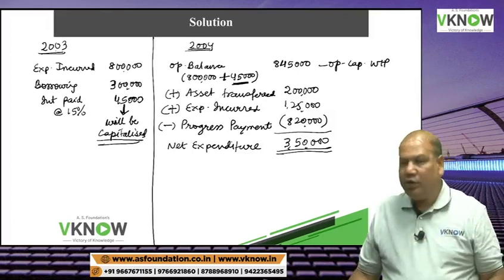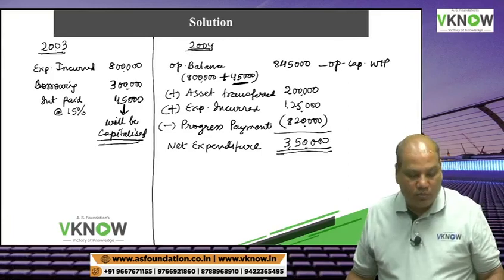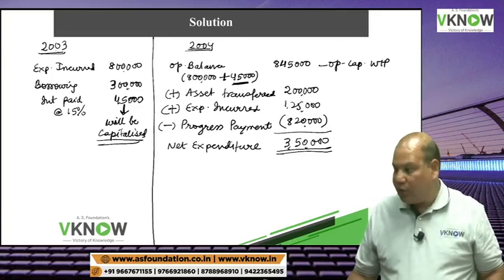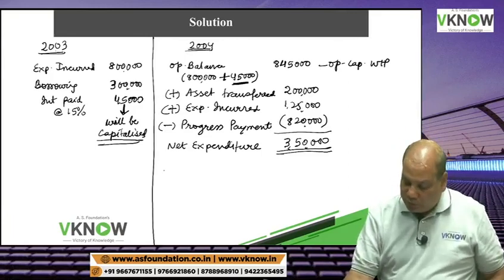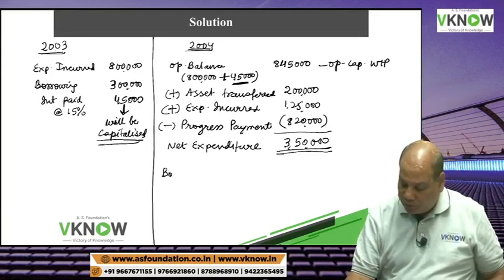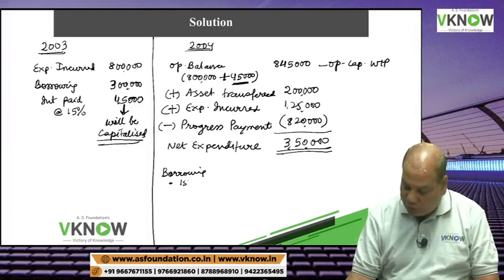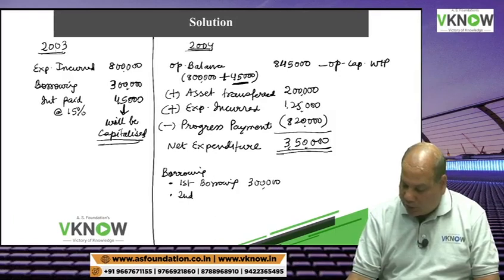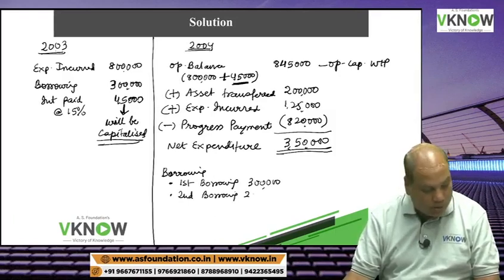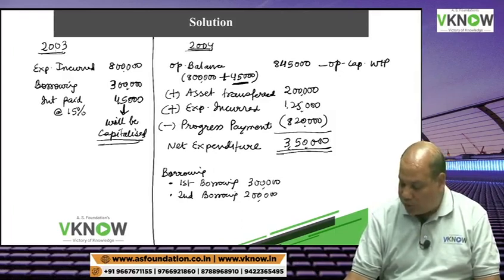My net expenditure is 3,50,000. What about my borrowing? I have two borrowings. I have the first borrowing of 3 lakh rupees, and then I have taken one second borrowing also. This year we have borrowed another 2 lakh.